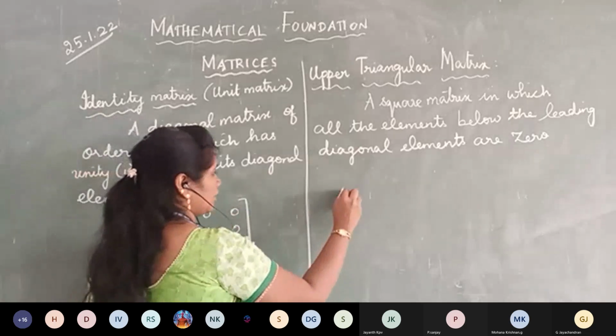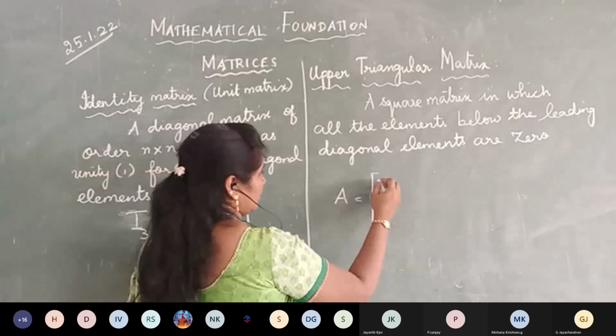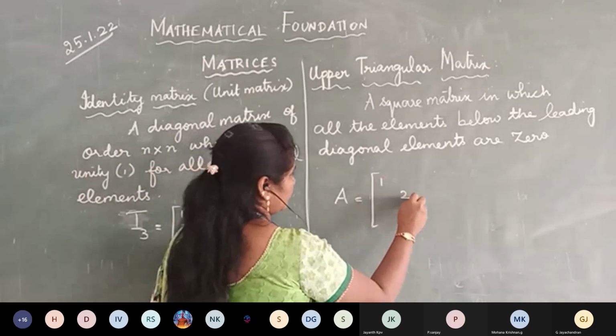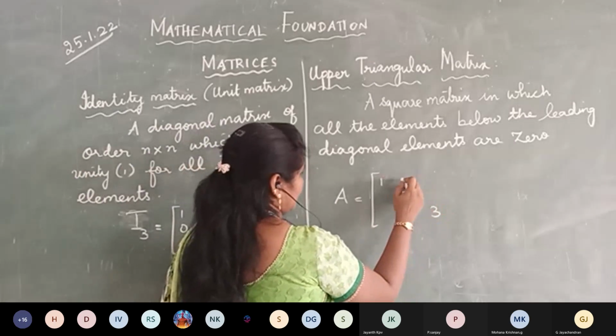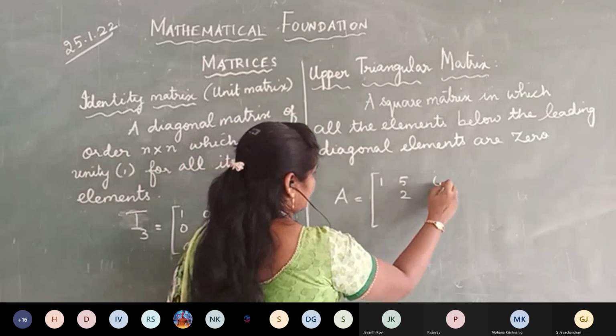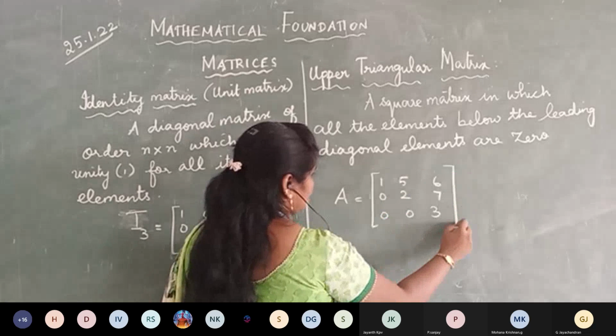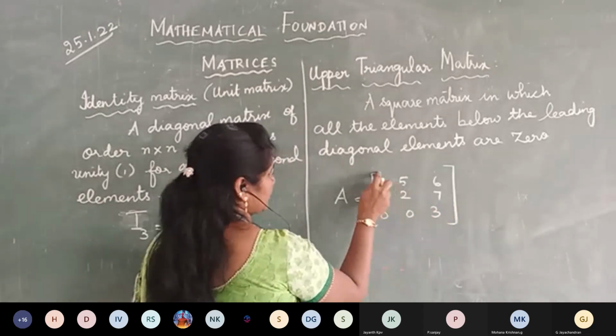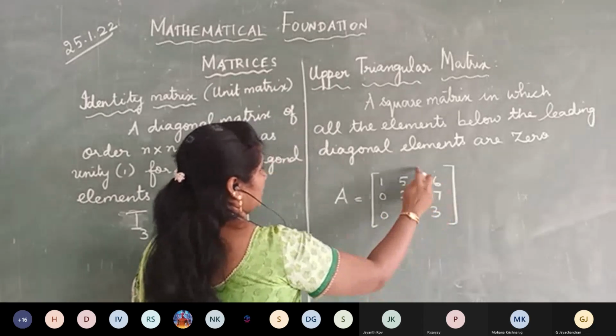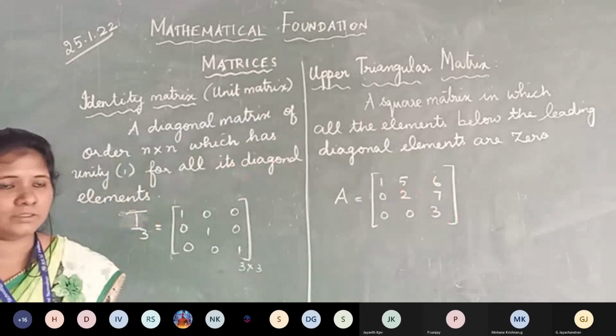So for this, you can take an example. Your leading diagonal elements like 1, 2, here you can take it as 5, 6, and this will be 0. Okay, the leading diagonal elements have to be there, and your above region will be having values.